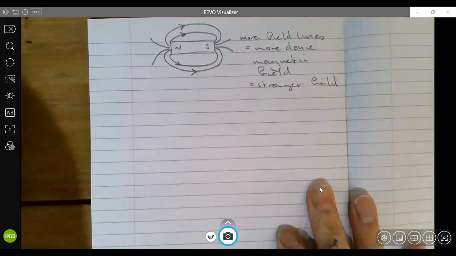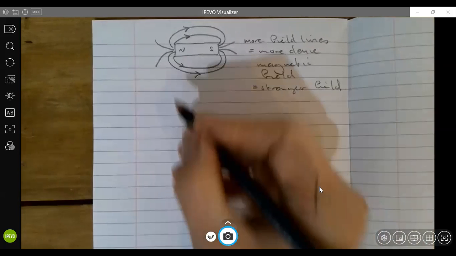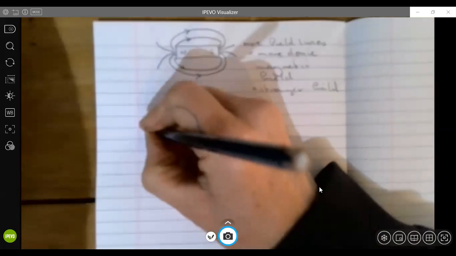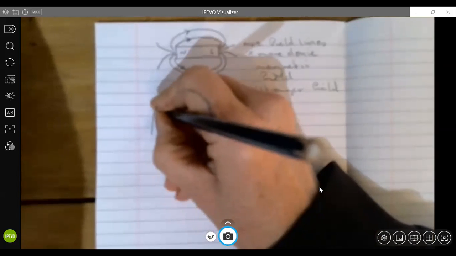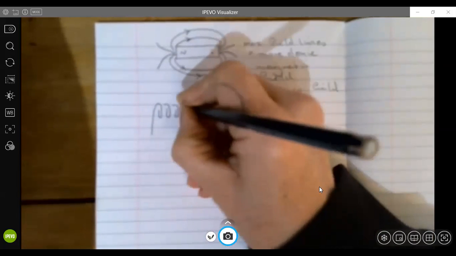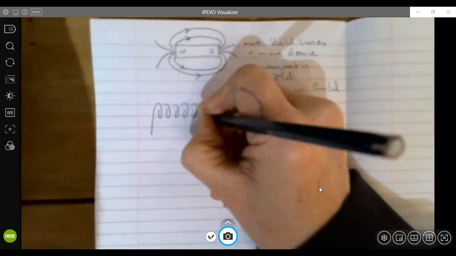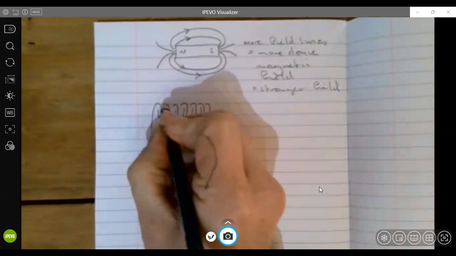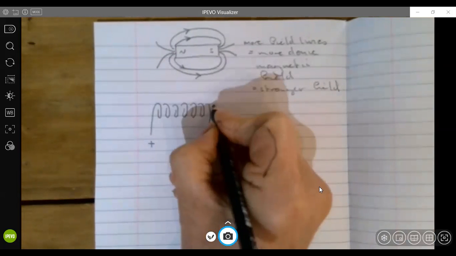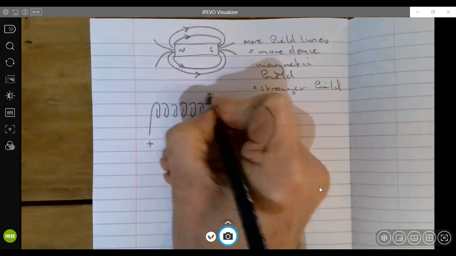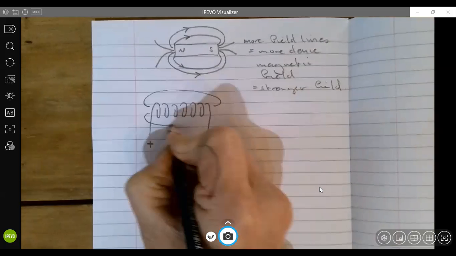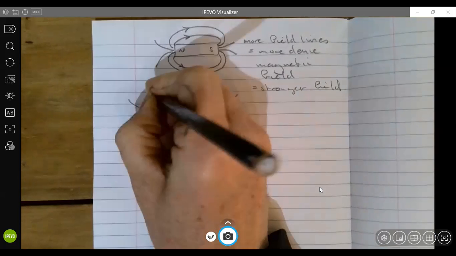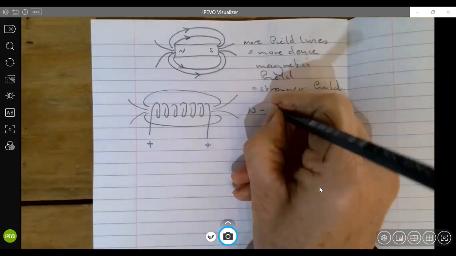Now, what we've got then is this idea of a magnetic field around a magnet. Now, if we run a coil of wire and we run a current through it, what will happen is the current moving through it will set up a magnetic field around it, and that magnetic field will be shaped for a coil of wire like our bar magnet, and it will have a direction of north to south.